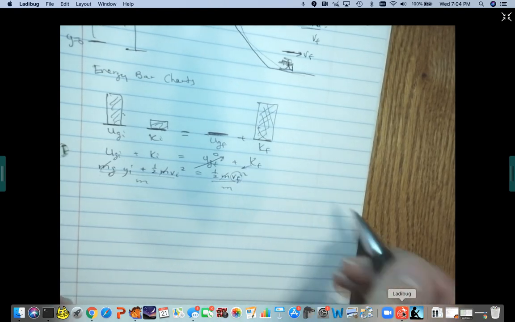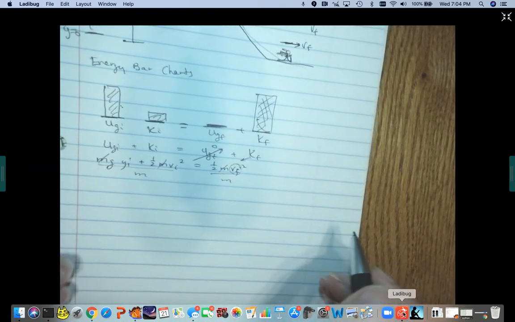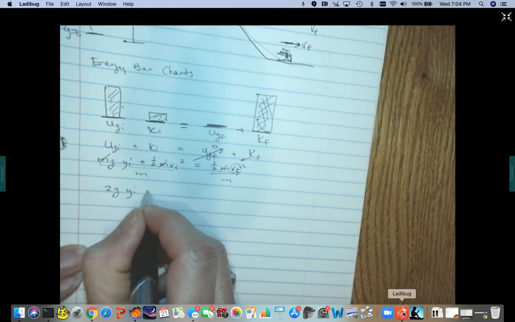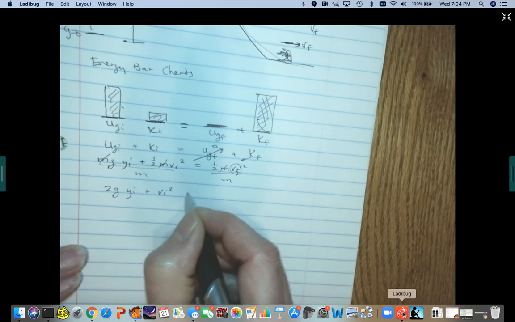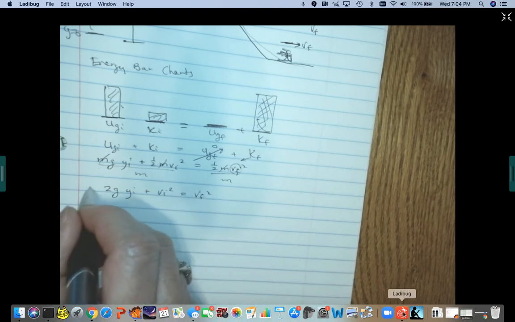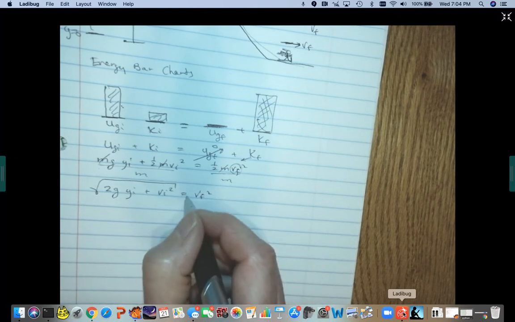And we're trying to get this guy by itself. So the next thing we'll do, we'll multiply by 2. 2gy initial plus v initial squared equals v final squared. Okay, and then we'll take the square root of both sides.